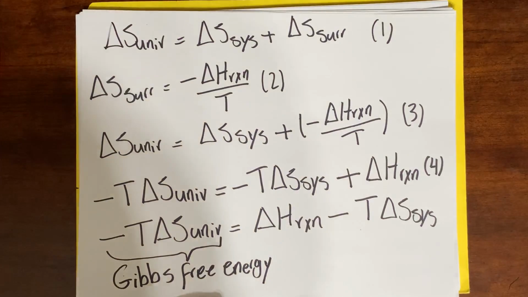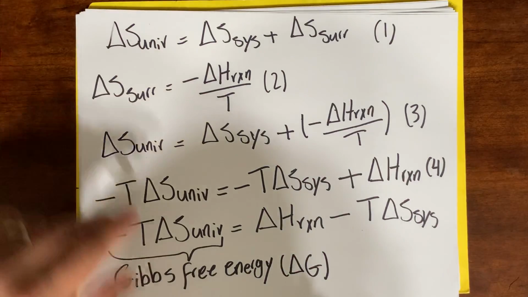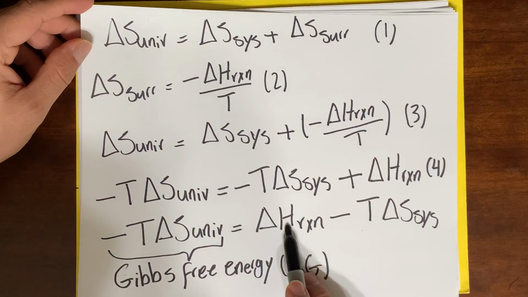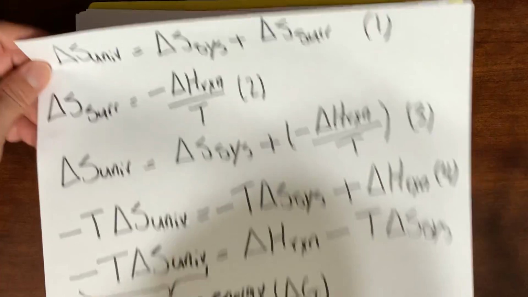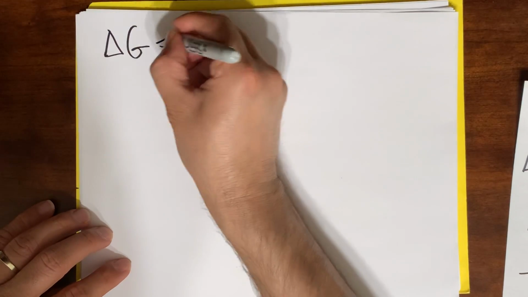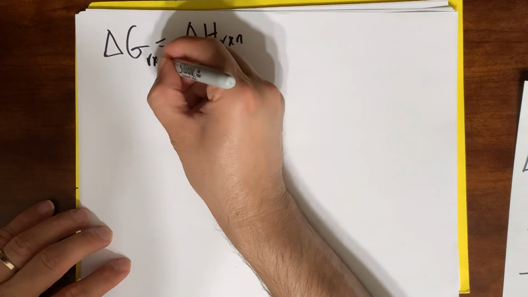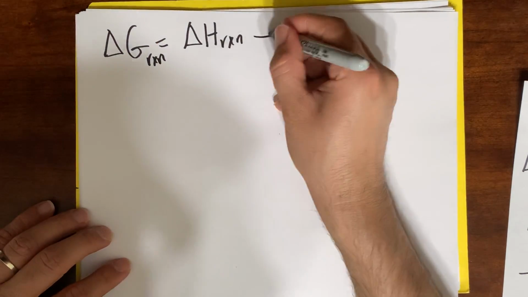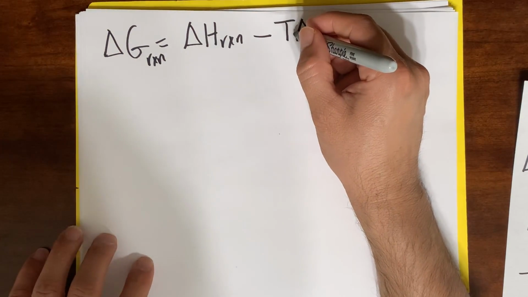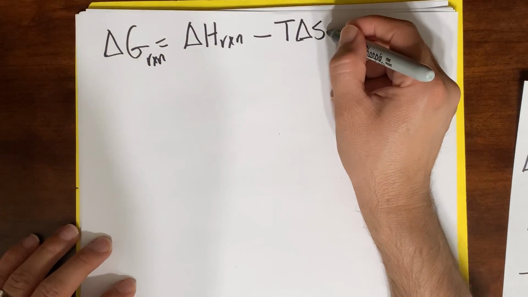And we show it by delta G. So I get delta G equal to delta H minus T delta S of the system.